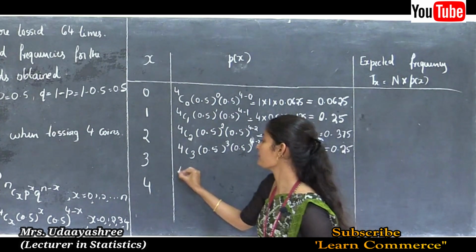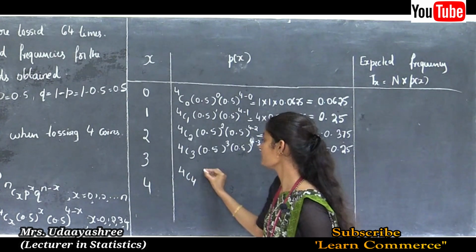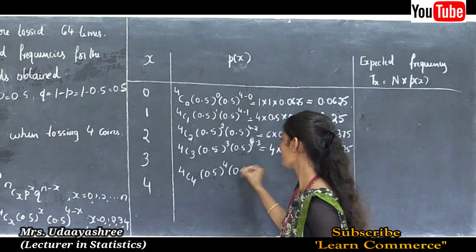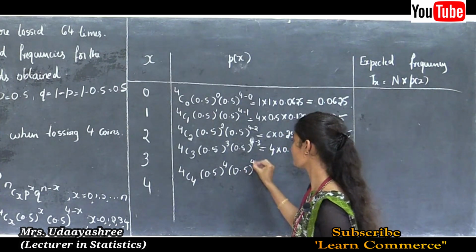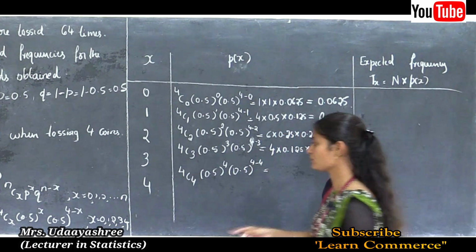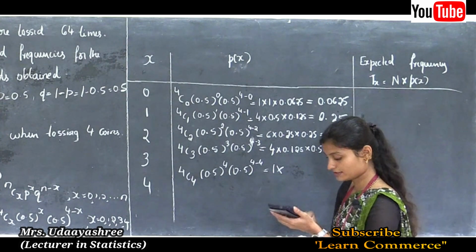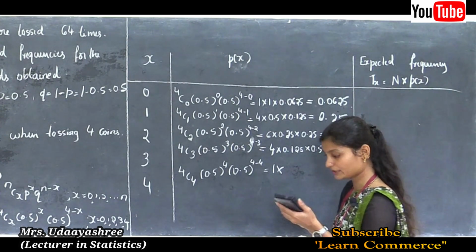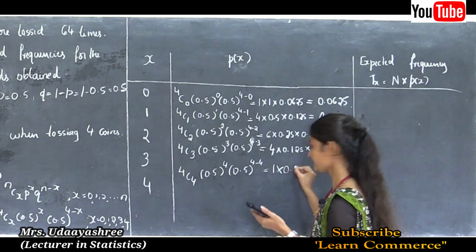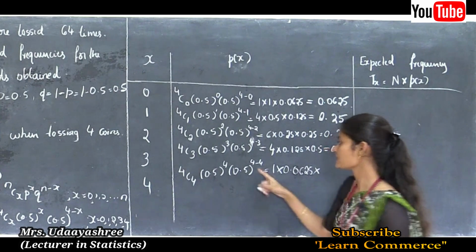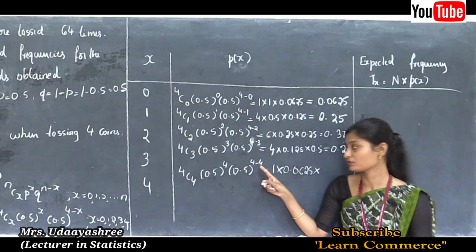Okay, next we need to calculate P of x is equal to 4, that is P of 4. So PMF is 4C4, 0.5 to the power 4 and 0.5 to the power 4 minus 4. This is equal to 4C4 is 1, into 0.5 to the power 4 is 0.0625, into, see here, 4 minus 4, that is 0.